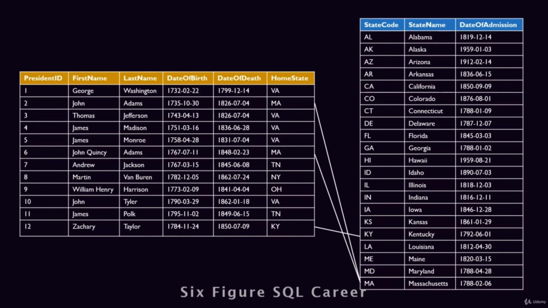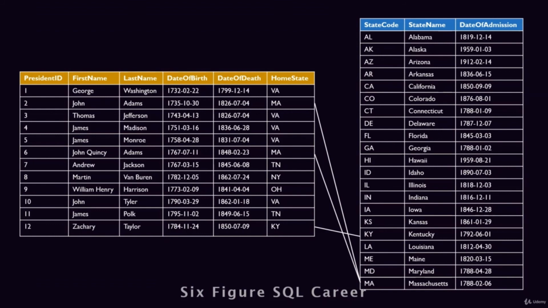Here's an example showing the use of inner join. In the table on the left, we have a partial list of American presidents. In the table on the right, we have a partial list of American states. We join our 2 tables by state using the home state column in our presidents table with our state code in the states table.